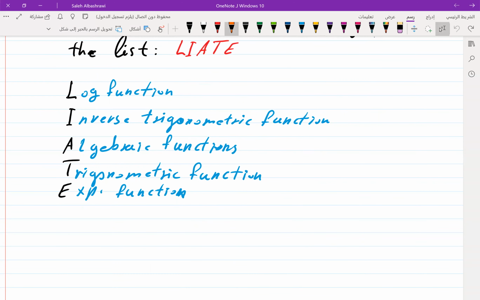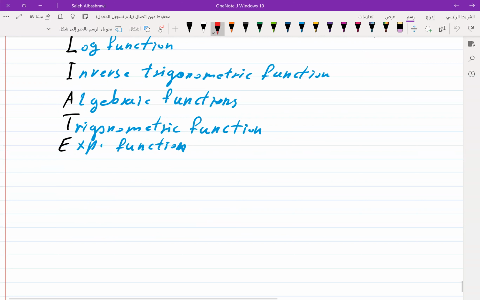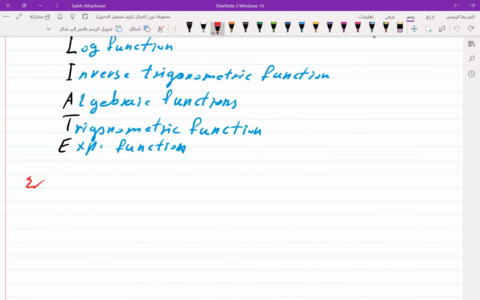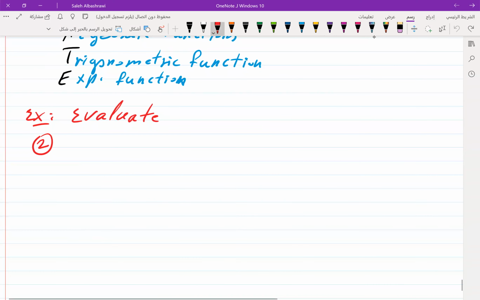Let's take another example. This will be my second example now. What is the integration of x e to the power x dx? You can see that I have two types of functions.